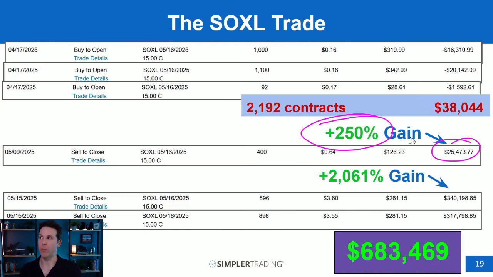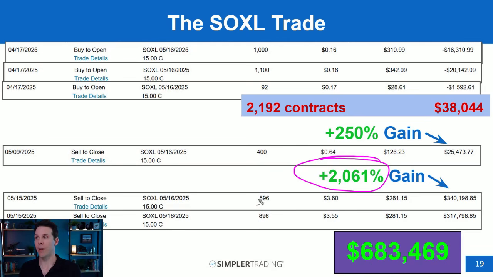I know it wasn't exactly that, but if it rolled over, I would get out anyway. So I knew that I was protected, that even if the worst happened, I still had money left to trade. Then I let the thing go, and I started cashing out at a little over 2,000%, and that turned my $38,000 into $683,000.